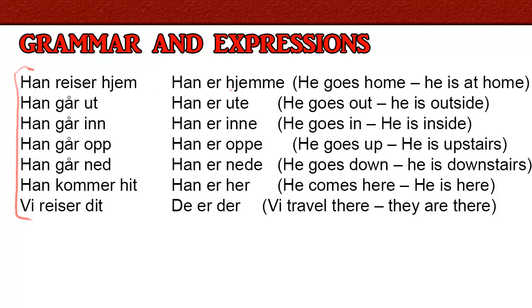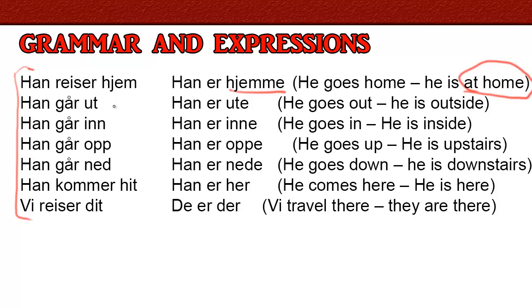So you see all of these in the first line. This is movement. All in this line if it's stationary or you are at a place. Yeah. Han reiser hjem, he's going home. Han er hjemme, he's at home. It's good to remember this hjemme just as at home because it's very common to use.